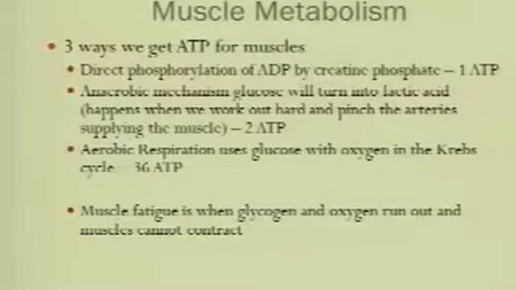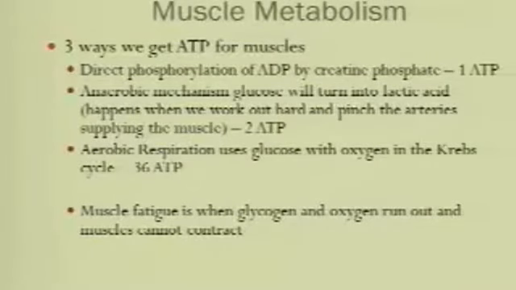It's great for longer term sustained activities, prolonged running, daily activities where you're going about your day. So 3 ways: direct phosphorylation, anaerobic, and aerobic. Direct phosphorylation and anaerobic are good for short spurts of energy. Aerobic is going to be much better for long, sustained energy.